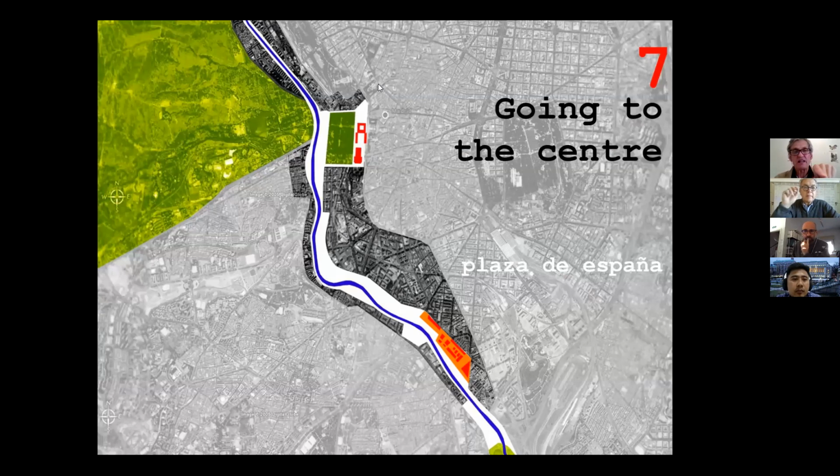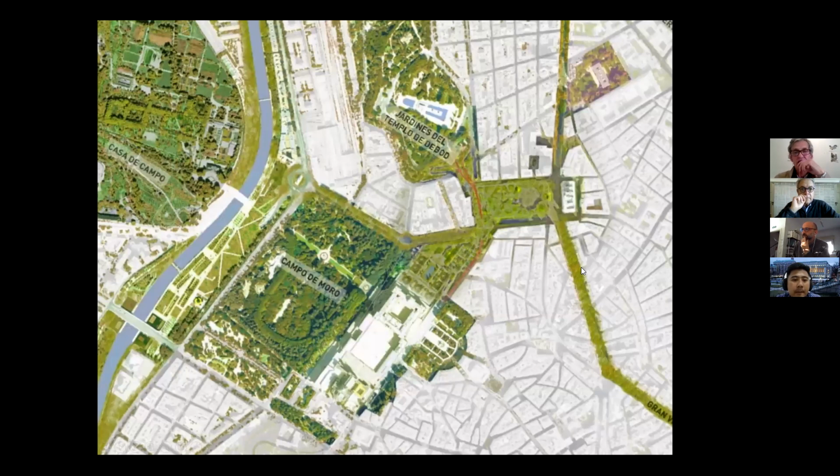And Plaza de España was the first arm to the east, towards the center of the city. As you can see here, Plaza de España is the next link, the next step to penetrate from the Casa de Campo on the river, from this green structure we recovered, to the center.